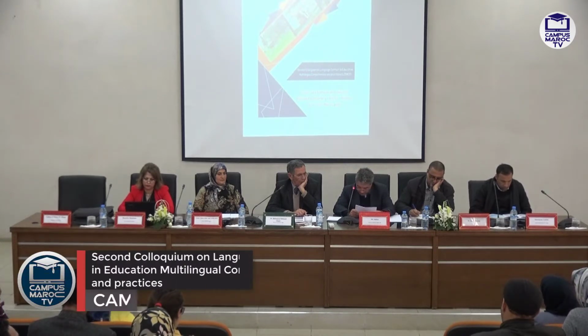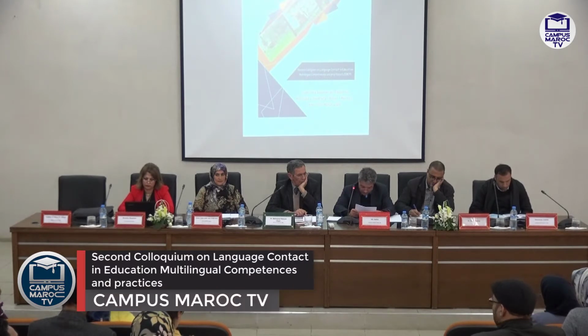Recently, it was reported that the Prime Minister, the head of the government of Morocco, made it clear that he believes Darija cannot be used in education. He said the government is ready to give up on school books with some Darija words after a consultation with the concerned parties. Mr. El-Othmani added that the two official languages in Morocco are Standard Arabic and Tamazight, as recognized by the Moroccan constitution.